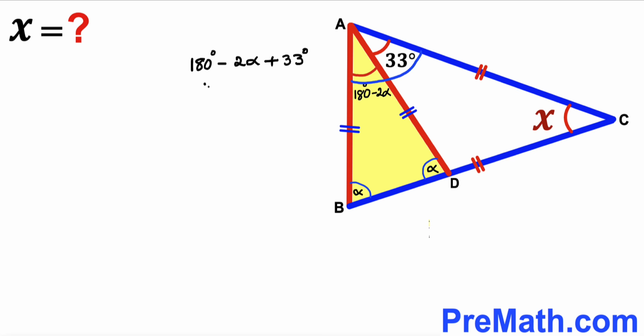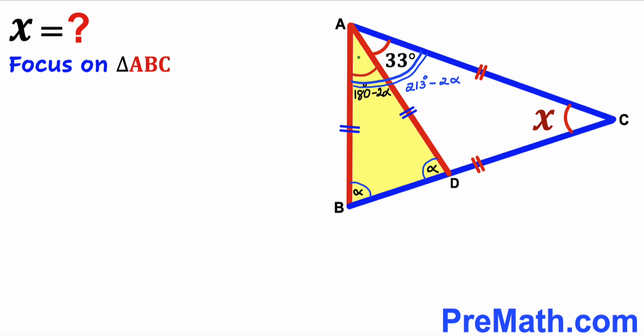That is going to give us 213 degrees minus 2 times alpha. So therefore we conclude that this whole angle BAC turns out to be 213 degrees minus 2 times alpha.